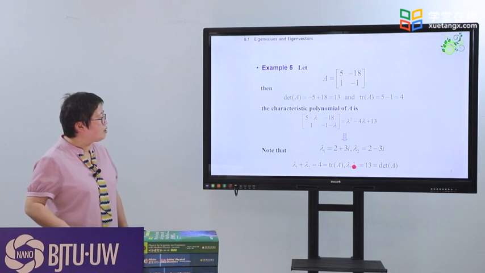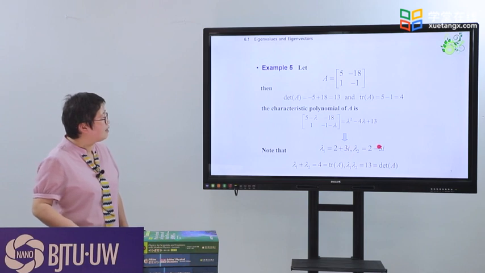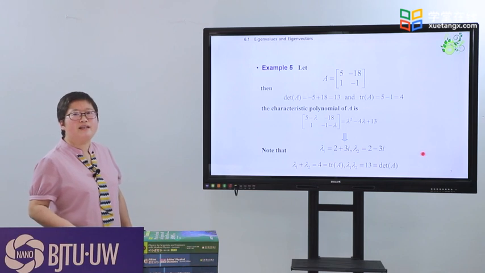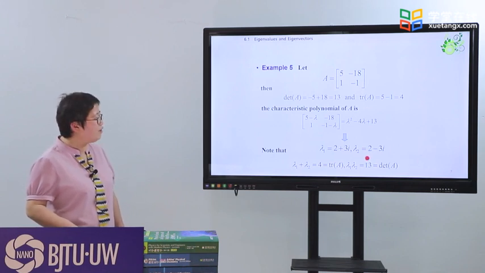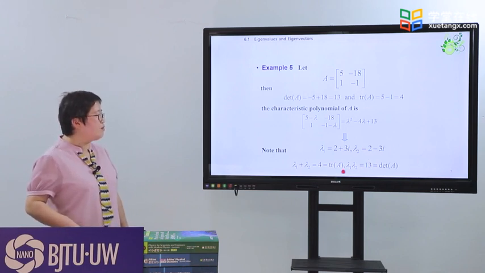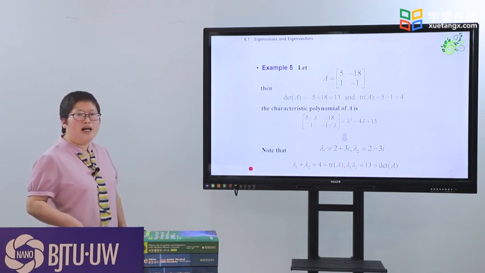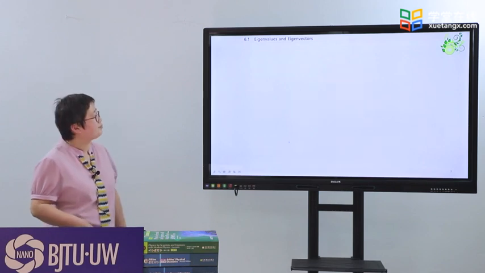Also, lambda 1 times lambda 2 equals 13, which is also the determinant of A. So the determinant of A equals the multiplication of all the eigenvalues, and the trace of this matrix equals the summation of all the eigenvalues.